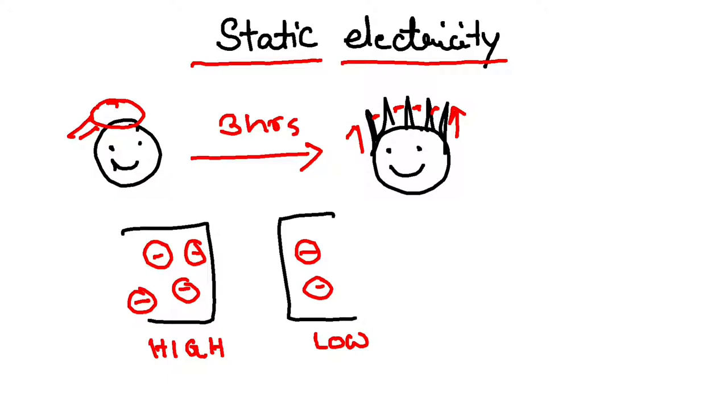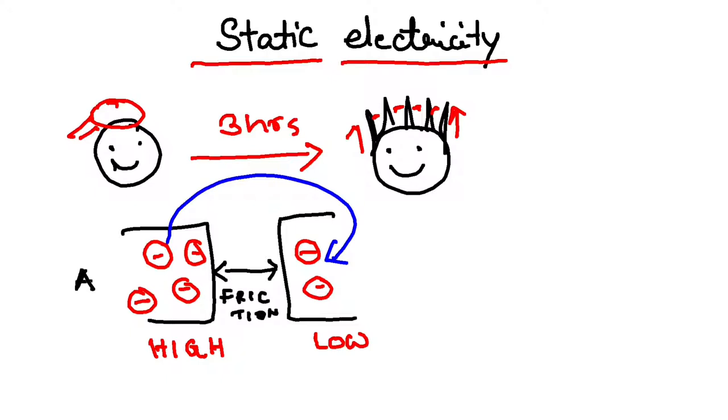Whenever there is friction between them, they touch each other. So if there is friction between these two objects, what will happen to electrons? The electrons will flow from high concentration to the low concentration, right? That means the electrons will flow from A to B immediately. Now, object A has lost electrons, isn't it?